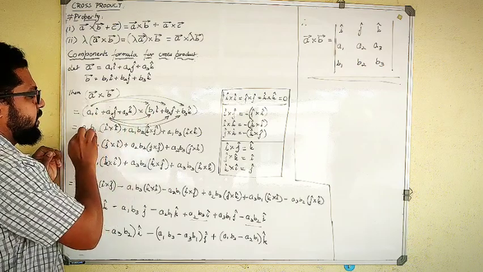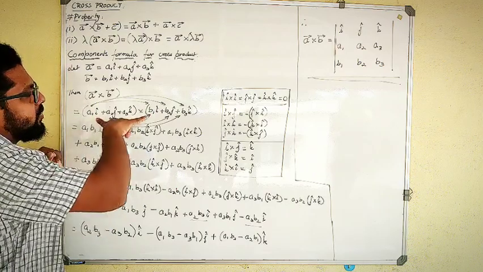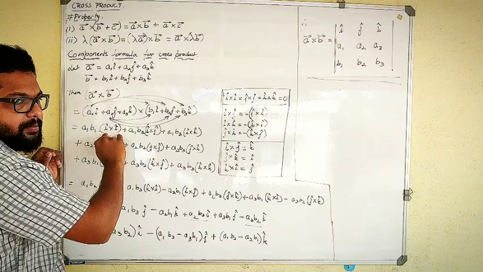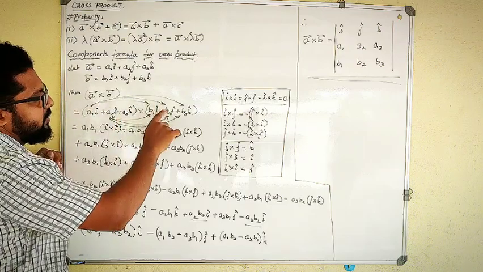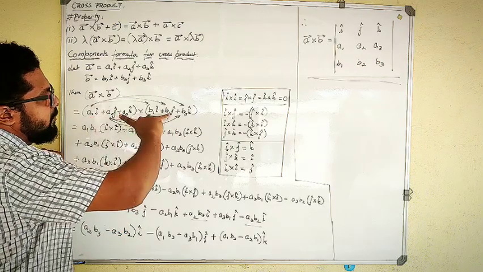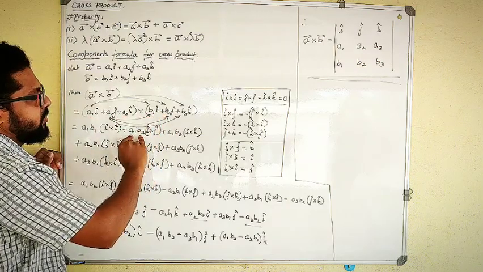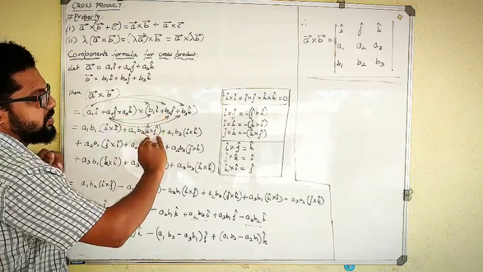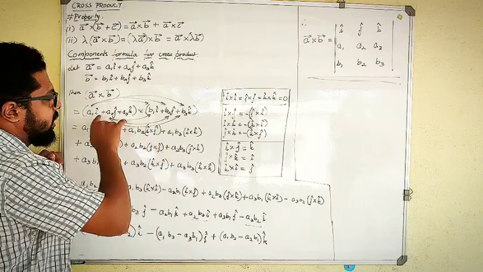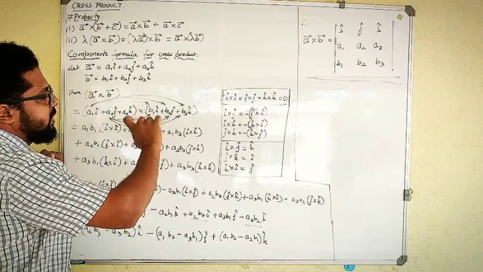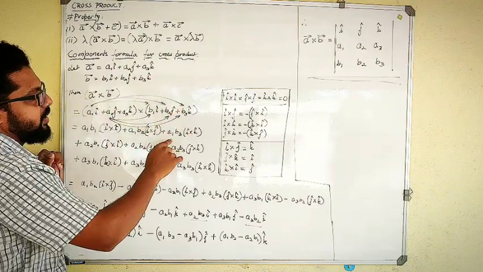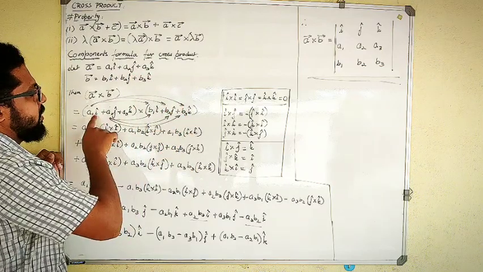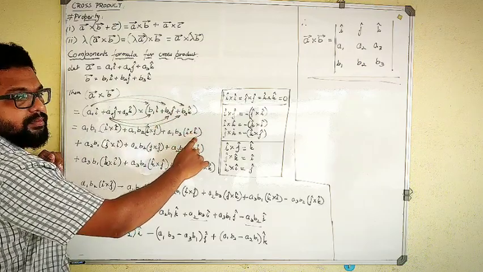Numbers are just multiplied, and i cross i is written inside the bracket. Then the first term with the second one: A1 B2, and i cross j. Then the first one with the third one: A1 B3, and i cross k.